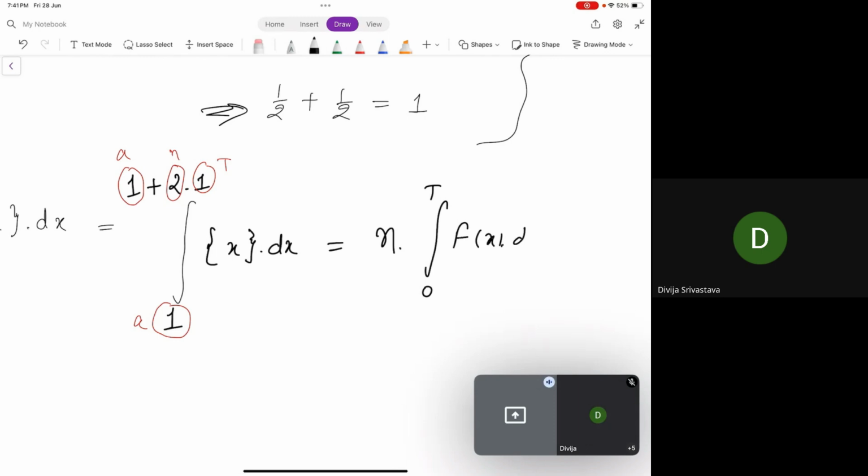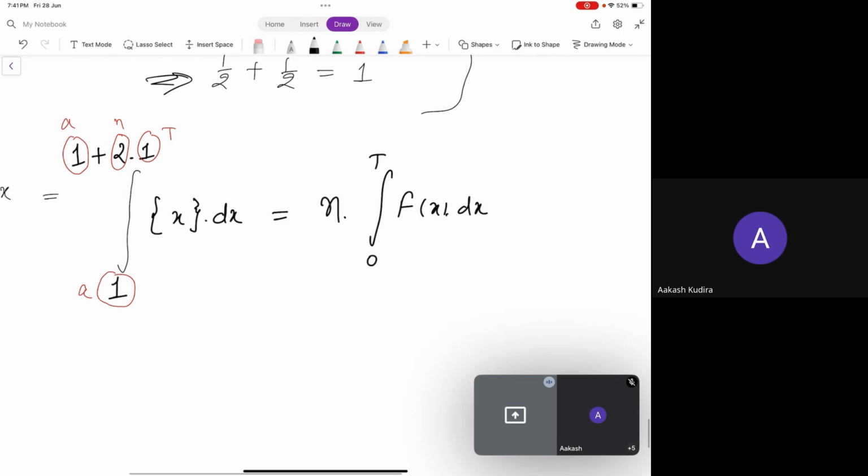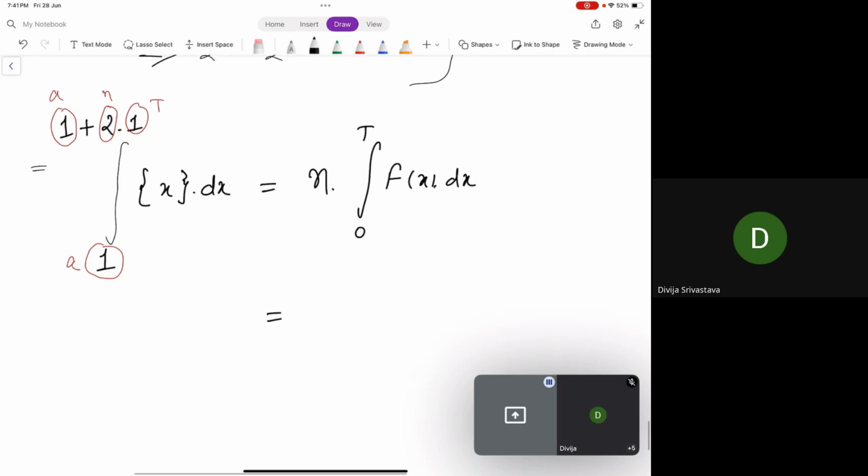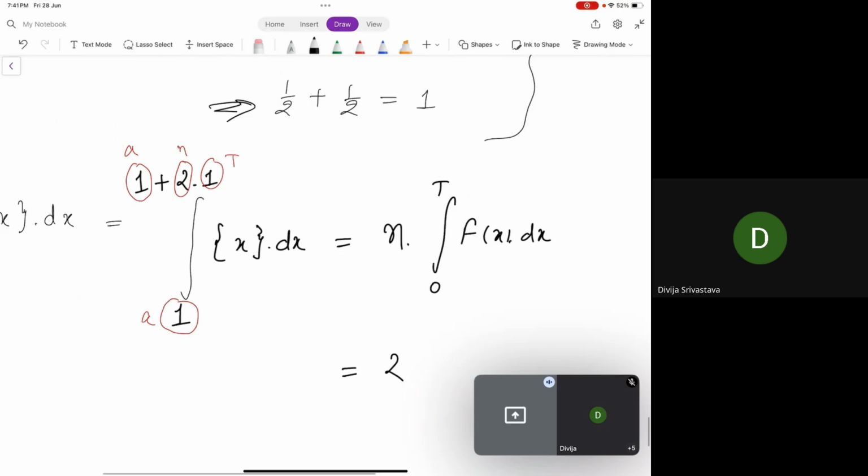Doubt? Simple. So what is n here? n is 2. I told you n is an integer, so you have to break the limits in such a way that we can use this property.